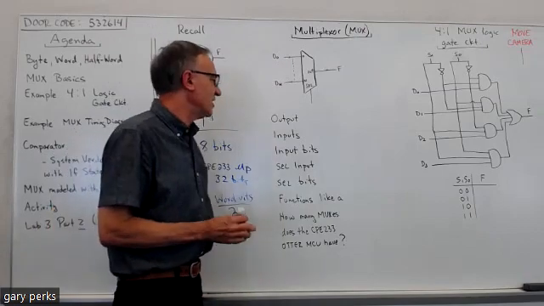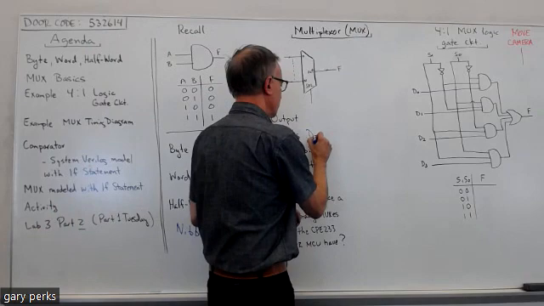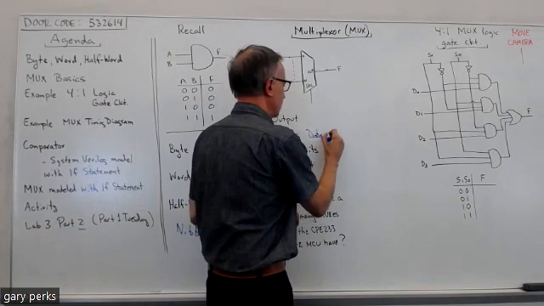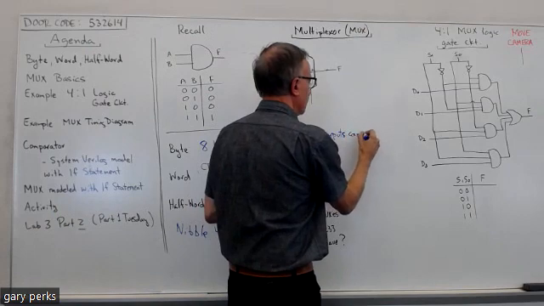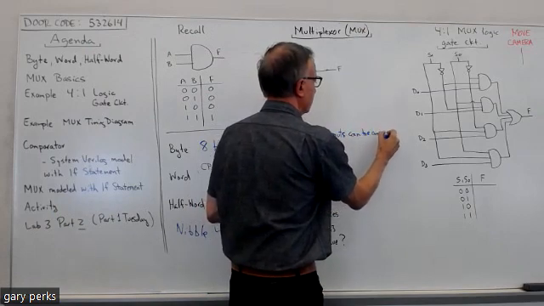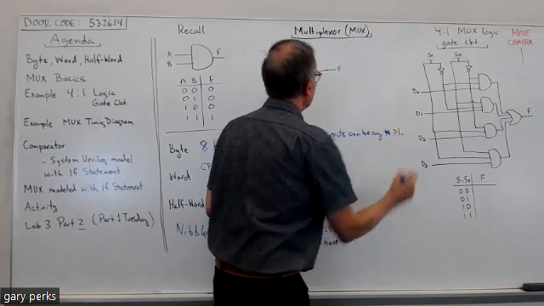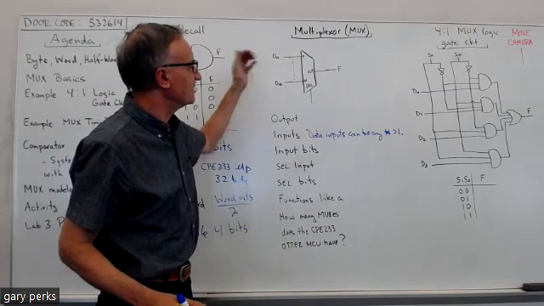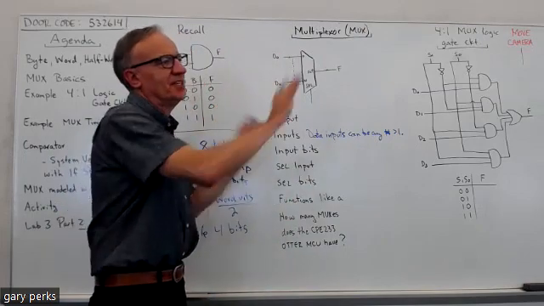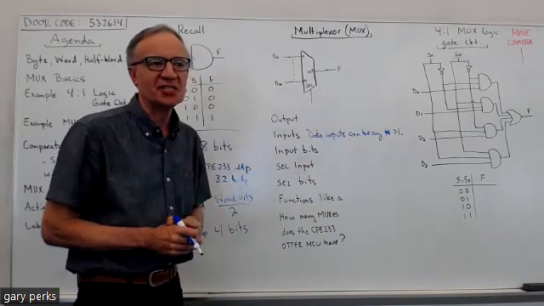The reason I did that is because the data inputs can be any number greater than 1. So you could have 2 data inputs, 3, 4, 5, 6, 7, 8, 9, all the way up in theory to infinity. You can have as many data inputs as you can fit.